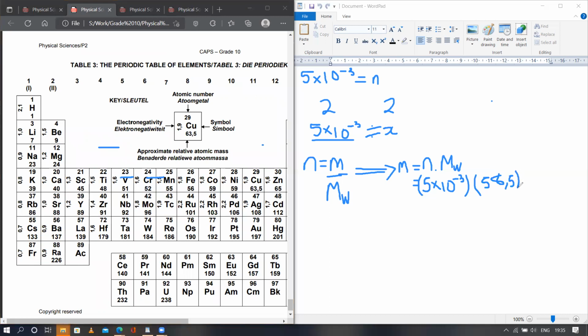Let me just calculate this. Your mass is gonna be 0.29 grams. Did you get the same answer? Yeah. So that's gonna be the mass of sodium chloride that's gonna be formed.